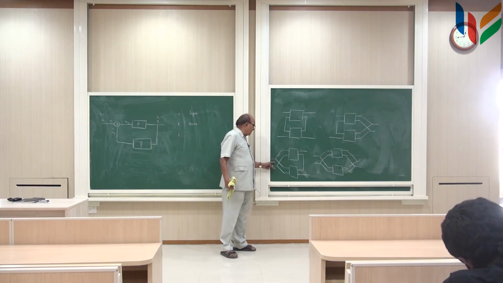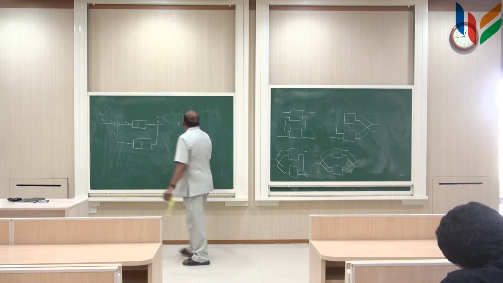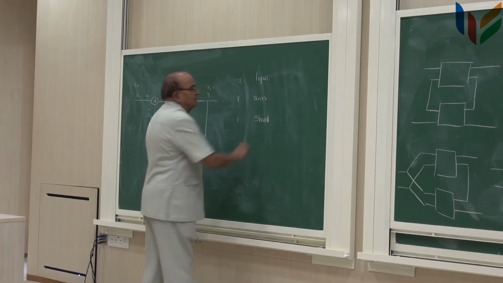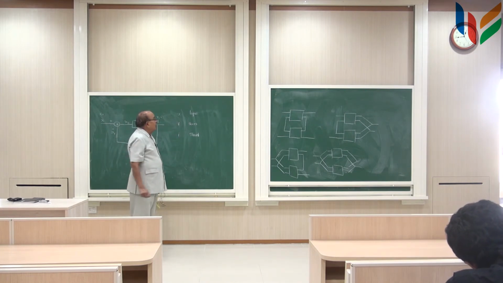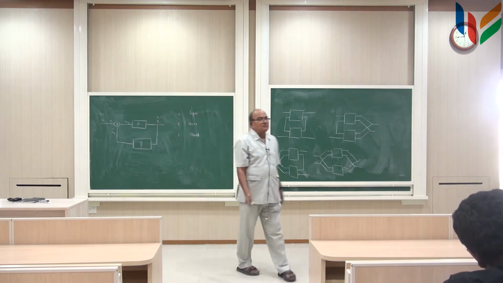So if this input X is equal to a current, then the natural connection for that would be a shunt connection.